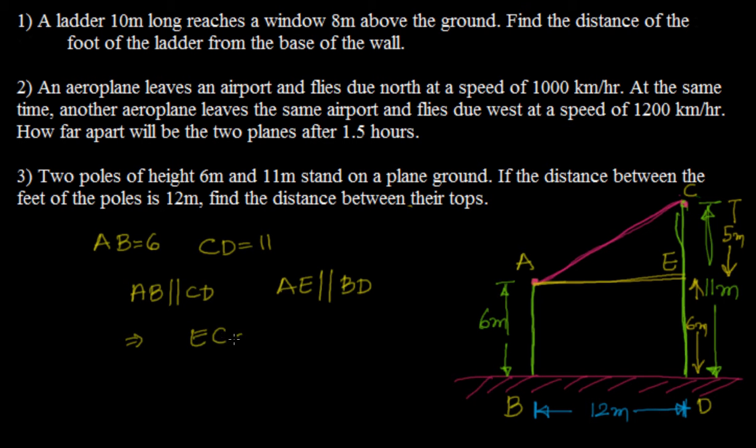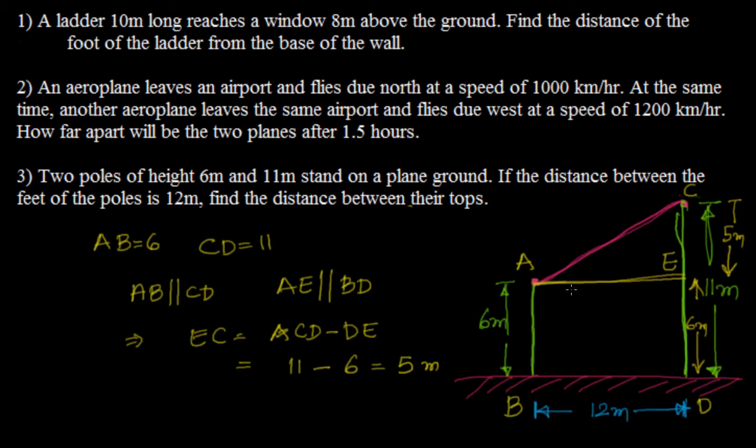EC is nothing but CD minus DE. CD is 11 minus DE, which is nothing but AB, equal to 6. So we have EC equal to 5 meter.